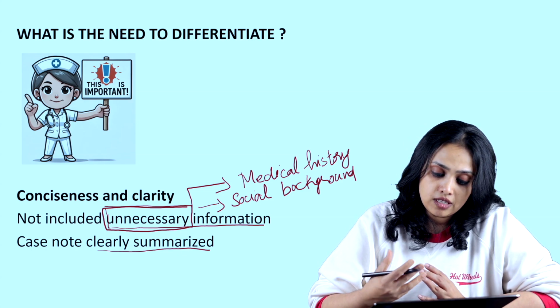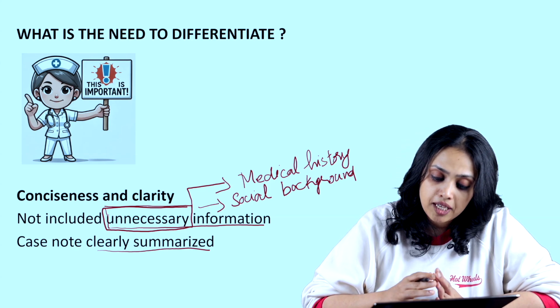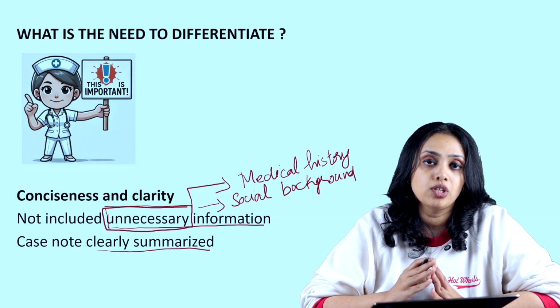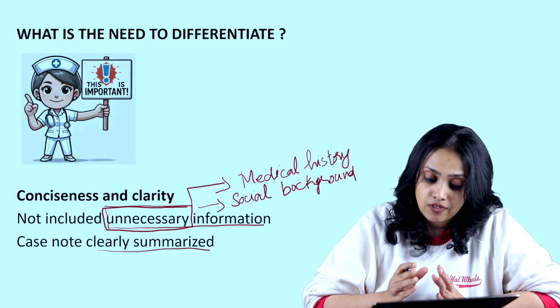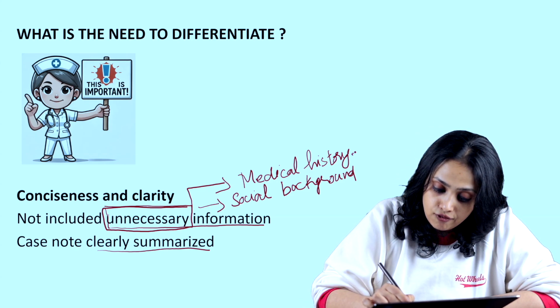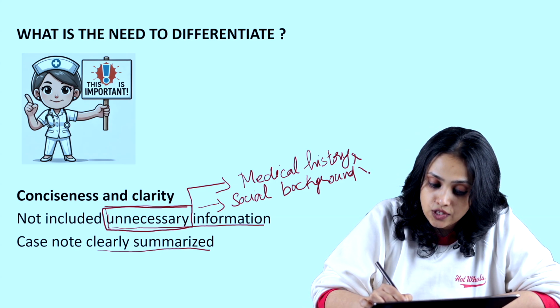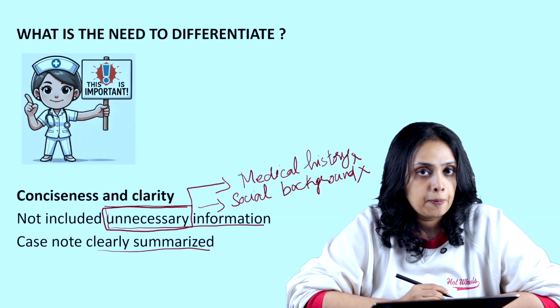Because this patient is not a new case to the reader, the reader will already have the medical history and social background of the patient. So once you understand that the given case note is a known case, you should be careful not to include the details from the medical history or the social background into your letter.